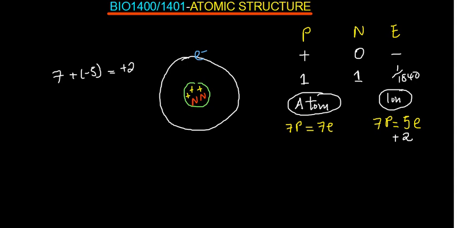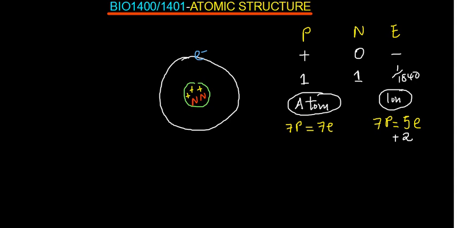And such an ion which is positively charged is called... I want someone to answer me. What do we call a positively charged ion? Anyone? Very good. This is going to be called a cation. Good.